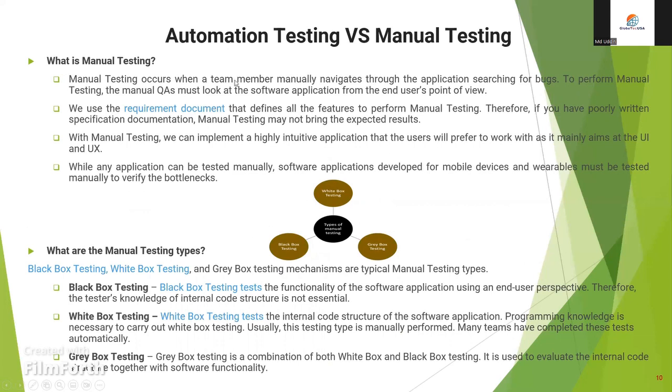Okay, so automation testing versus manual testing. Manual testing is where we test each unit and everything manually, by a human, and automation is where we write scripts to run the tests.